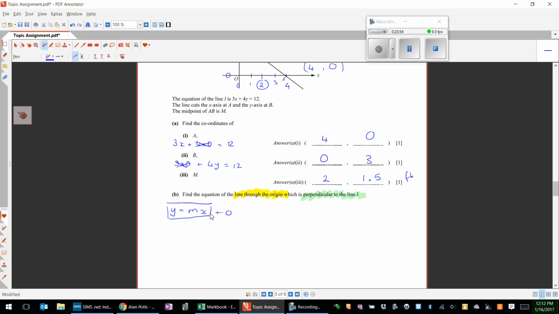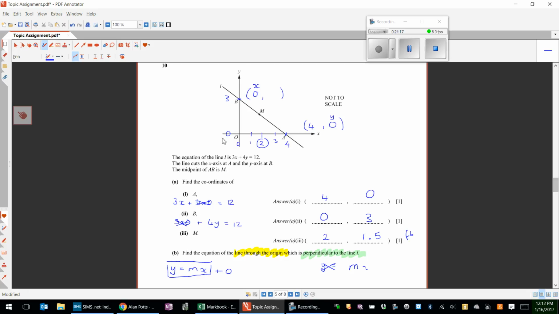Although, we don't actually know what the equation of line L is yet. Well, we actually don't need to know the equation. We just need to know the gradient. So what is the gradient of the first line? Well, because I put my values on there, it's negative, and it's 3 to 0, minus 3, that's the rise, the run is 4.